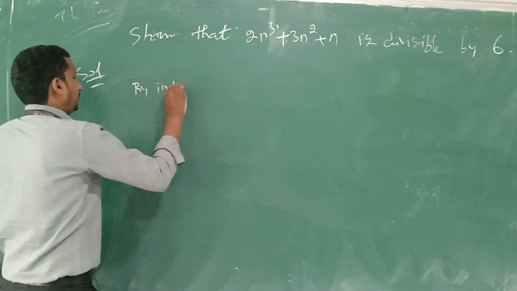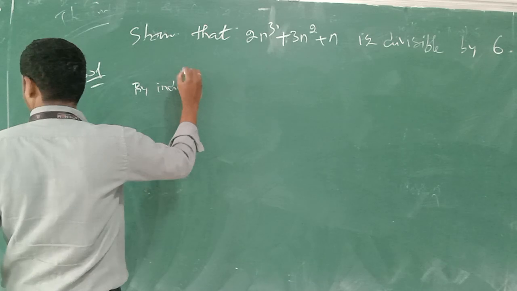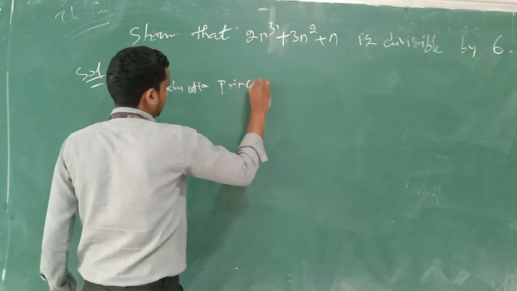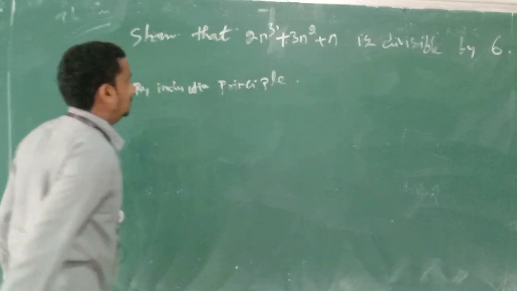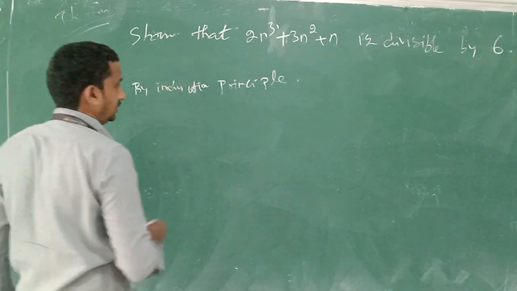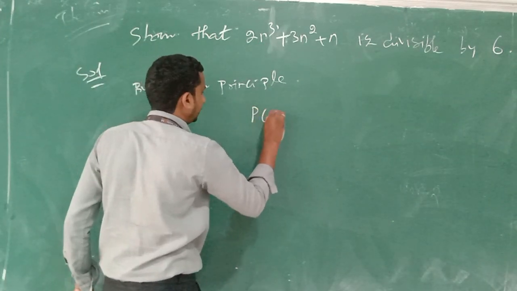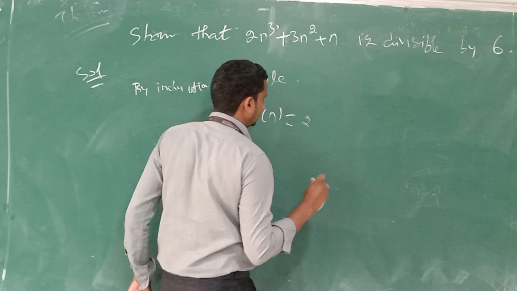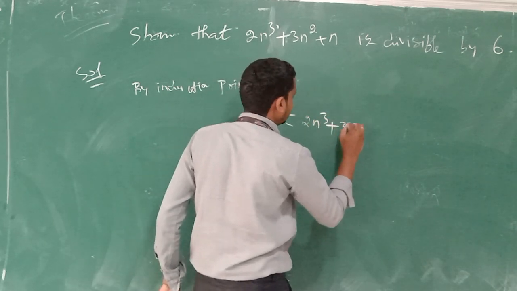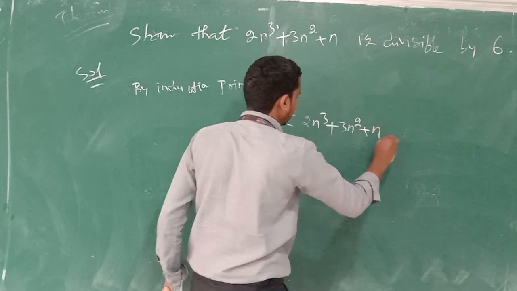By the induction principle method, the generally used notation is p of x, p of z or something. So here the variable is n, so write it as p of n equal to 2n cube plus 3n square plus n.